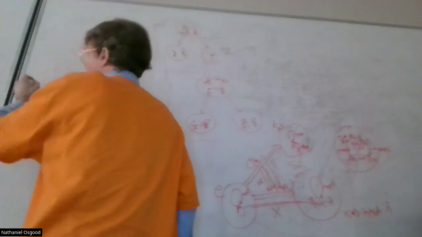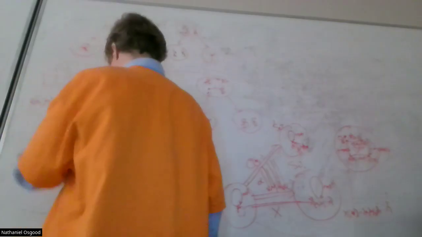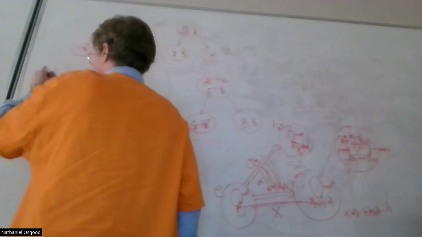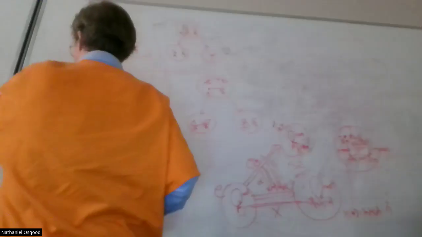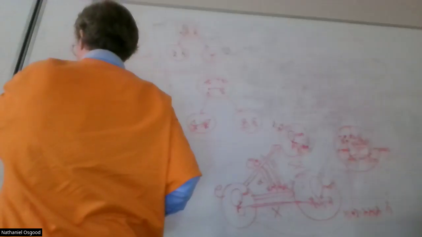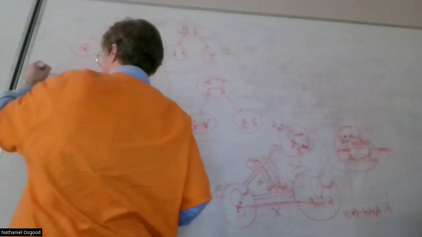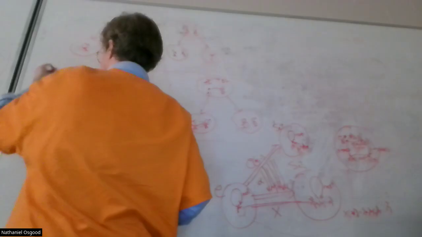I'm going to put it as pairs because that's how we prefer to think about it: the pair (A, 1), the pair (B, 1), the pair (A, 2), and (B, 2).